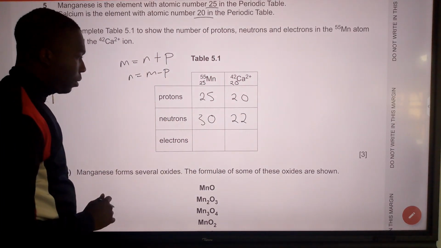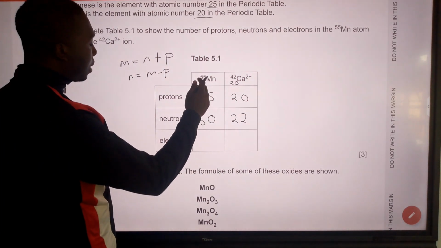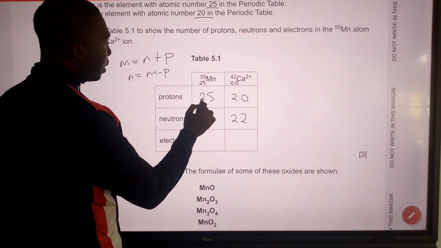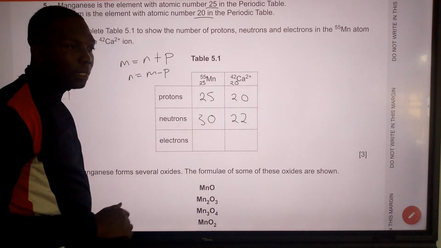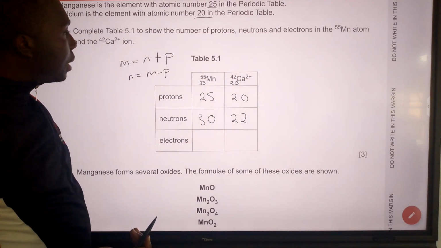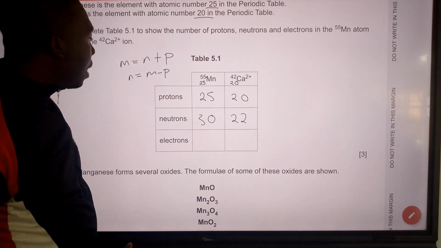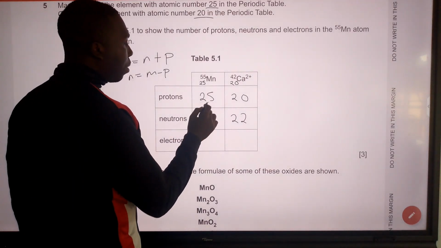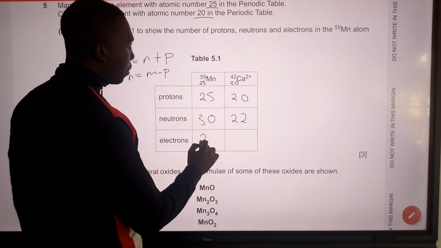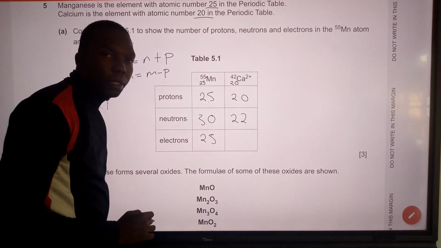Then the electrons. For manganese, since it is an atom, which means it has not lost or gained electrons, it is still a neutral atom. So the number of protons is equal to the number of electrons. So we have 25 electrons.